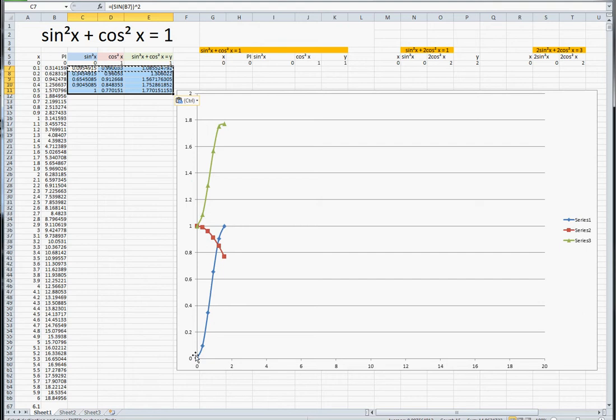So it's going from 0 up to near 0.8, 1.8 as the additive between these two waves, and this is the cosine, this is the sine.